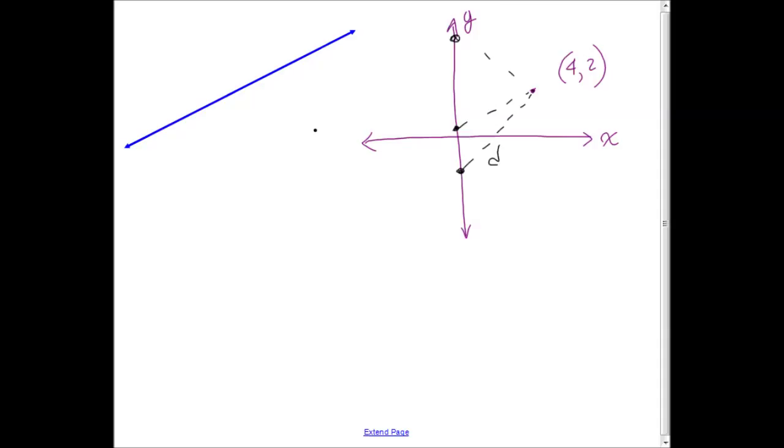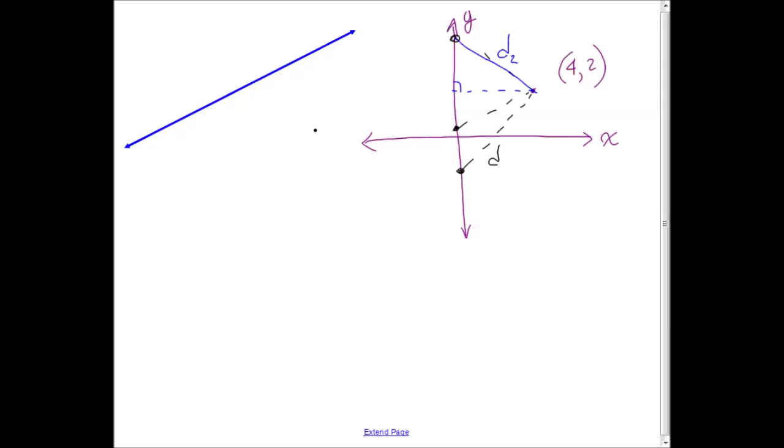Well, if I think about this distance here, I'll call it d2 for lack of anything else, I can see that that distance is probably not the shortest distance between the point and the y-axis. And if I go ahead and construct a right triangle here, we know that that distance I've labeled as d2 is a hypotenuse of a right triangle.